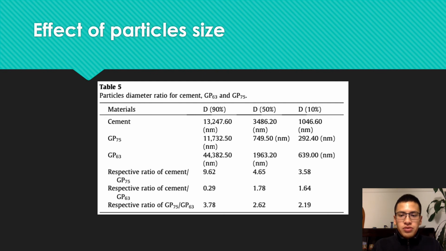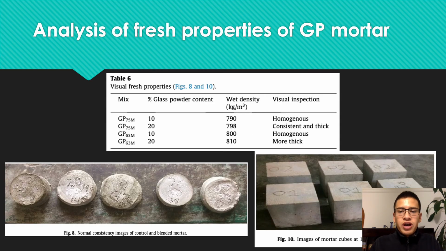These tables show the relative particle diameter of the components used in the study. Here we have the analysis of the fresh properties of the mortar, so it can be seen that by adding the glass powder in increasing quantities, the cement changes its color to a light gray, since the glass powder is white.